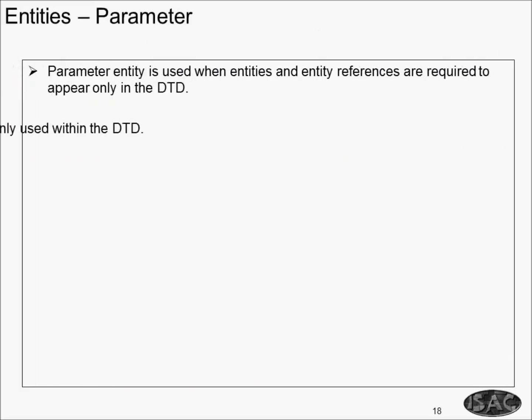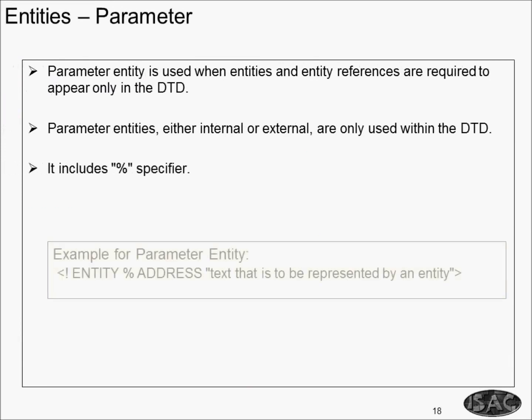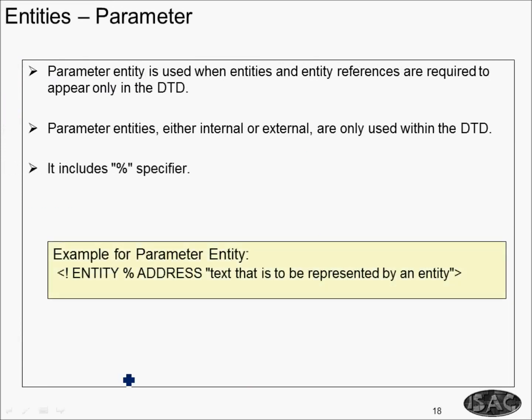Now let us look into parameter entities. Parameter entities have been created only to differentiate between variables which have been declared to be used inside a DTD or XML. The only thing you have to remember is that a parameter entity is used when entities and entity references are required to appear only in the DTD, and they use something very important called the percent sign.